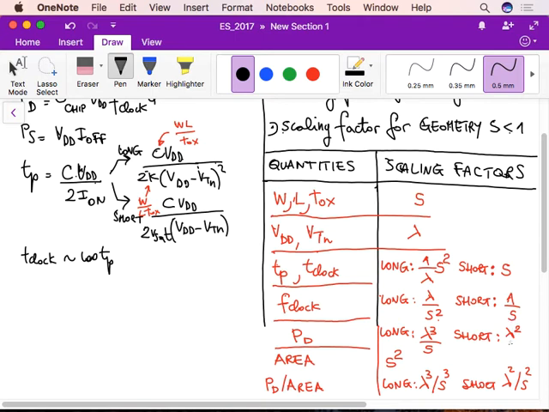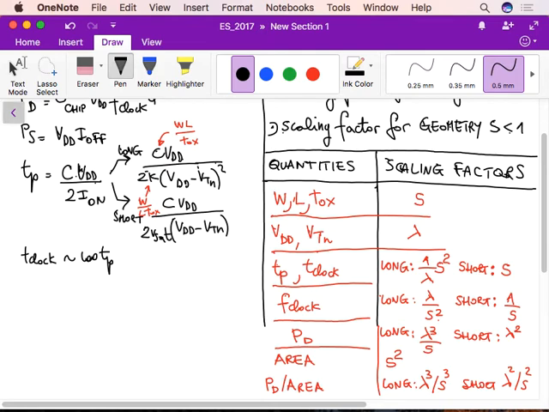The power consumption does not change. The area goes down, and therefore the power consumption per unit area goes up, and goes up a lot, because it goes up like 1 over s squared, so with the square of the reduction I can do on the geometry.